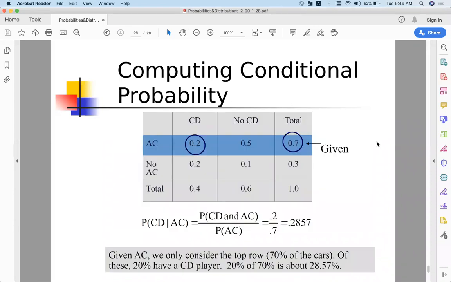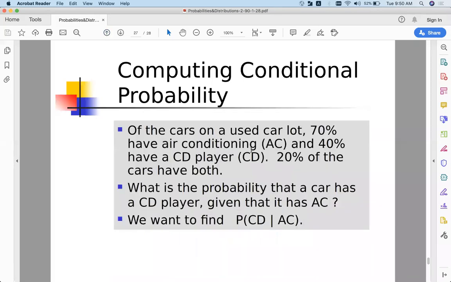No, clear. So for that same question, with AC meaning air conditioning and CD player, if that 20% part is not mentioned in the question, then what will be the output? If that information is not there, you cannot come up with this table. Let's say that 20% of the cars have both is not there.